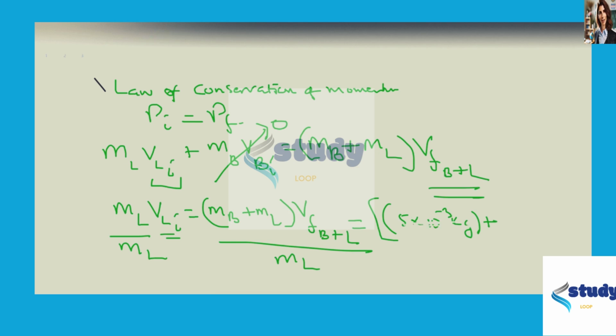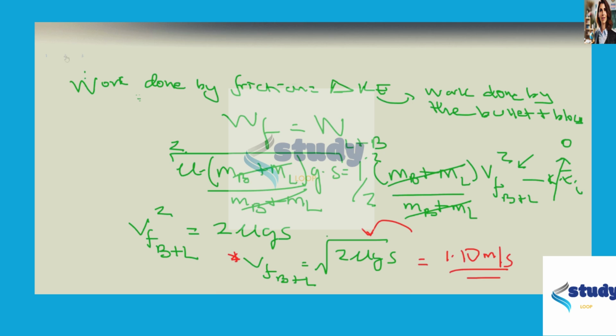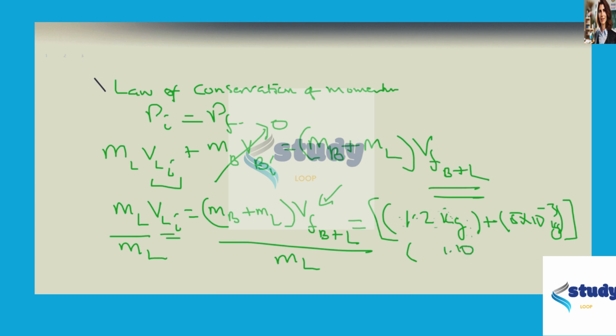Actually, we should switch positions because the left side is the block and the right side is the bullet, just to make sure you're comfortable with the process. So 1.2 kilograms plus 5 times 10 to the negative 3 kilograms. All of this has to be multiplied by this velocity, which when we go back, we find is 1.10 meters per second. And all that's divided by the mass of the bullet, which is 5 times 10 to the negative 3 kilograms.